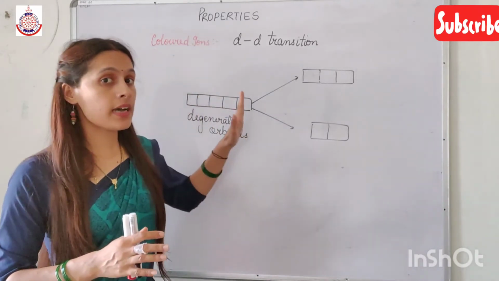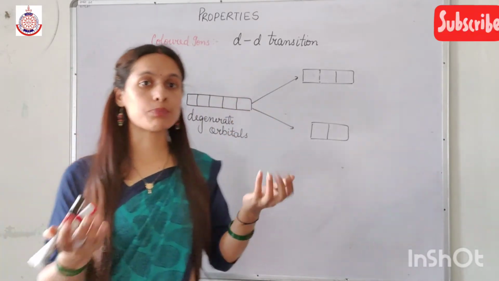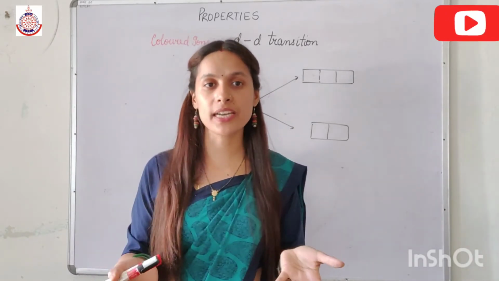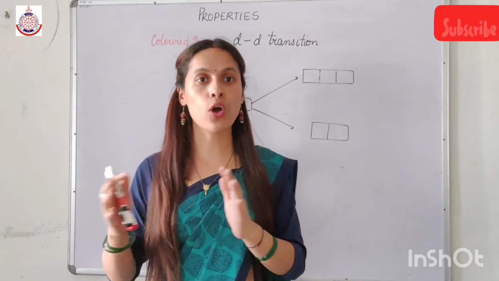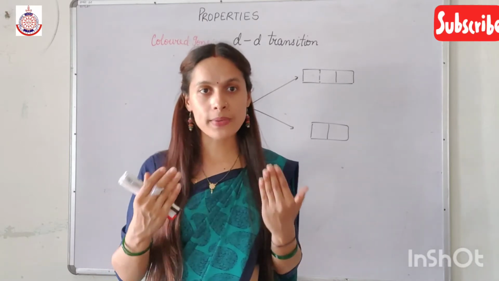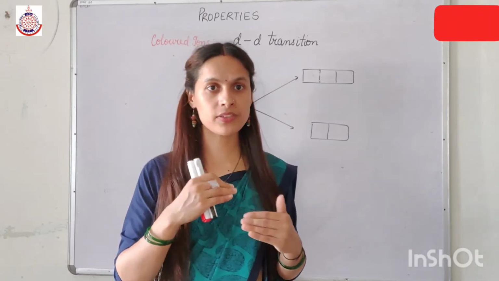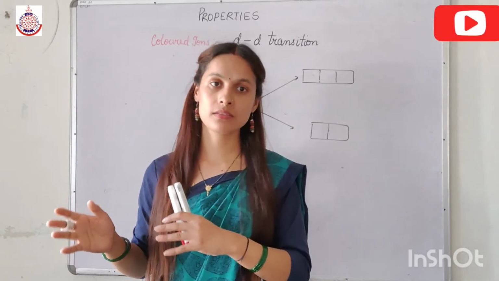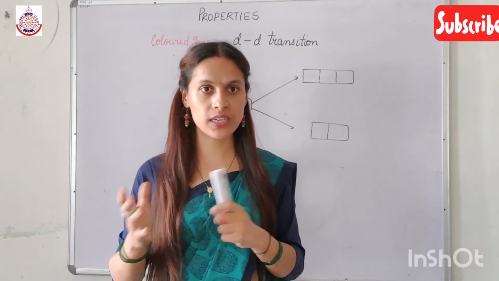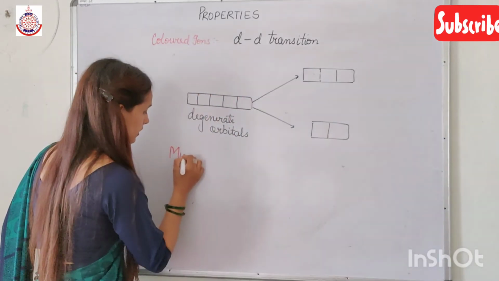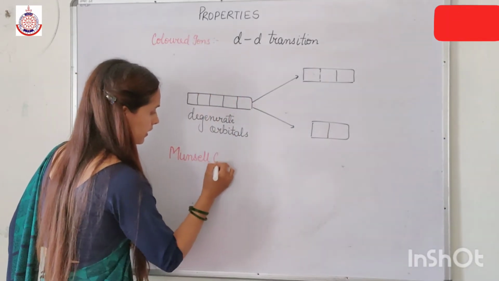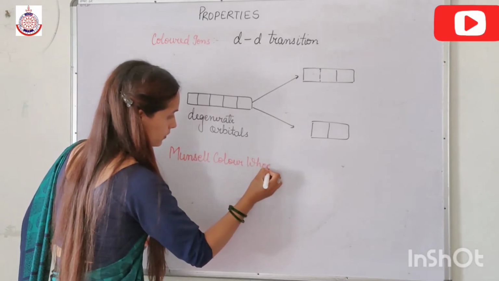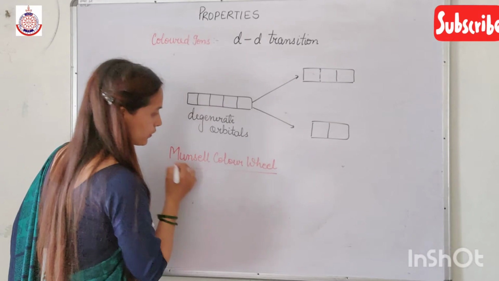Now, the color which is absorbed by the element and the color which is emitted, these colors are known as complementary colors. And the complementary color idea we get to know by the Munsell color wheel.